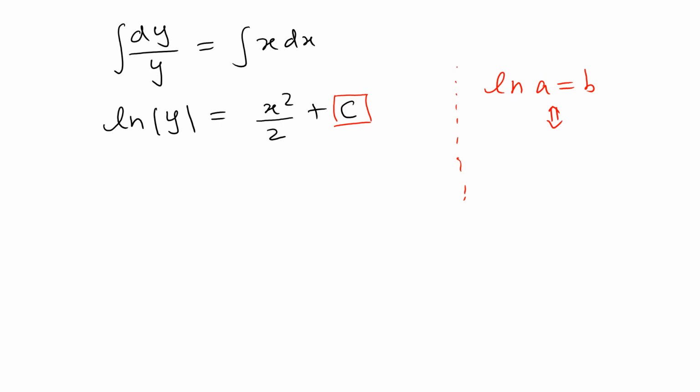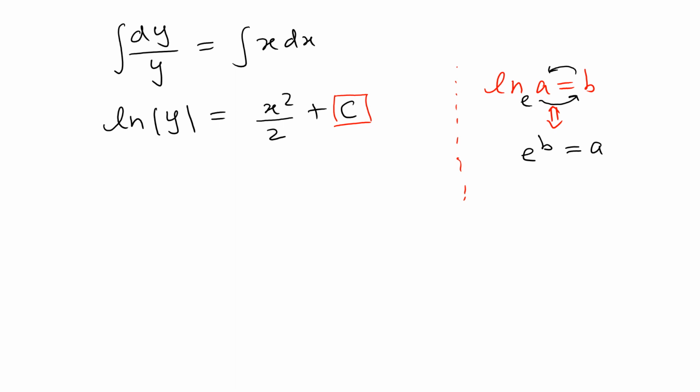So how does it work? It goes from e to b, b to a. That simply means e to the b equals a. Please remember that, it goes back and forth. They are equivalent, the exponential form and the log form.